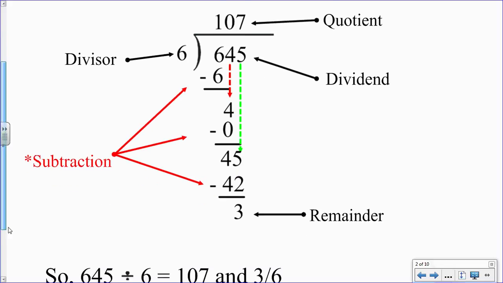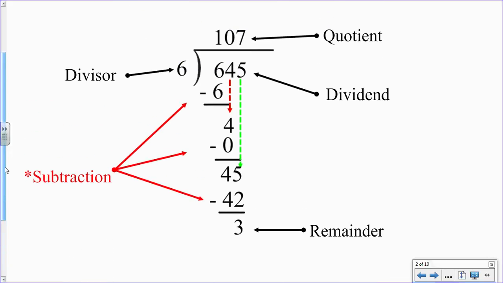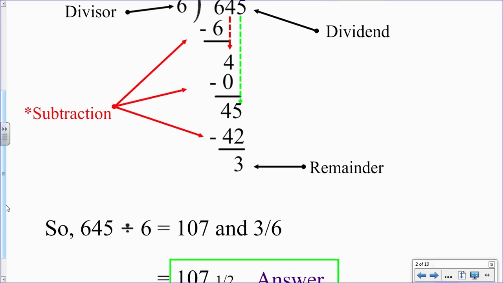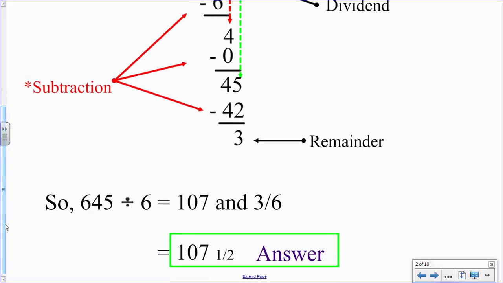So 645 divided by 6 equals 107, and then you have a remainder of 3, so 3 out of 6 left. You would write that as 107 and 1/2.